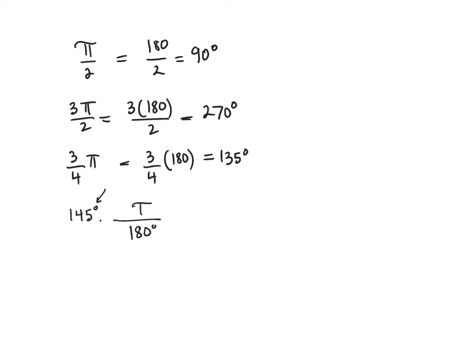And again, pi radians is 180 degrees. And then all I need to do is reduce 145 over 180. Both those are divisible by 5. So I end up with 29 over 36 pi radians.